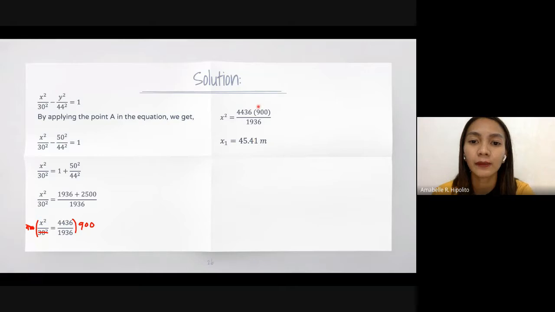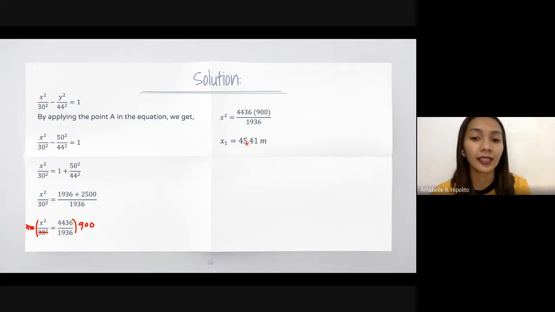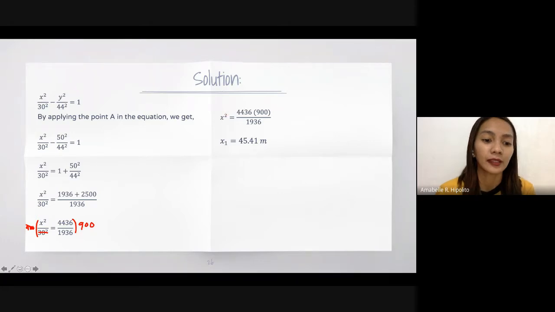Okay, so you just multiply these two and then simplify. 4,436 times 900 is equal to 3,992,400 divided by 1,936. So, we have here 2,062.19.